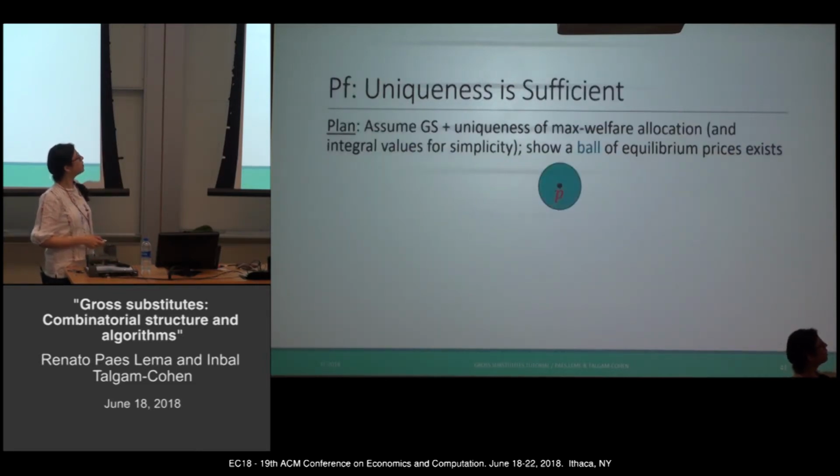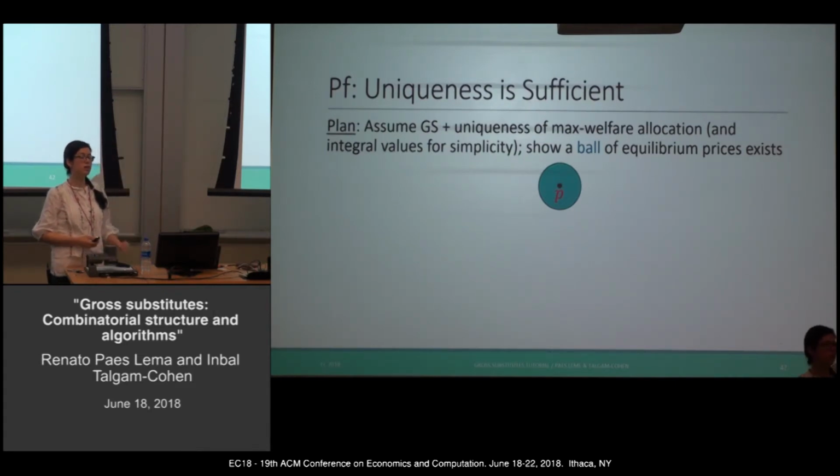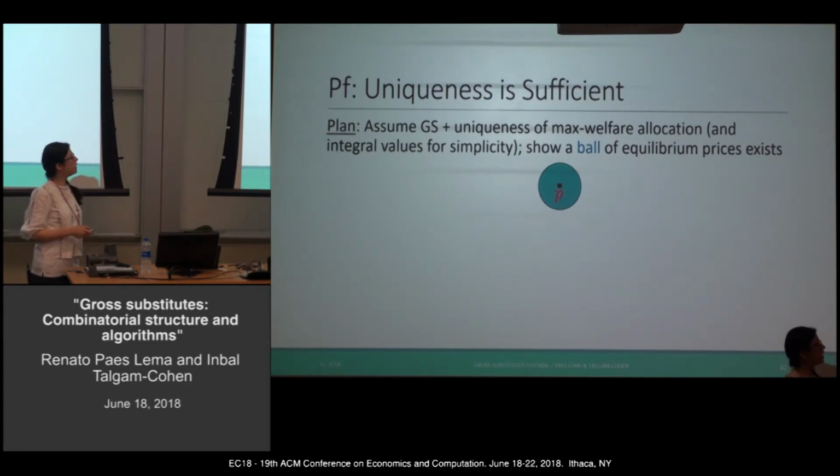OK, so what I want to do now is show you a quick sketch of why uniqueness of welfare maximizing allocation is enough for existence of a robust pricing. And then I'm going to argue why I think this condition of uniqueness of welfare maximizing allocation is a very natural and benign condition.